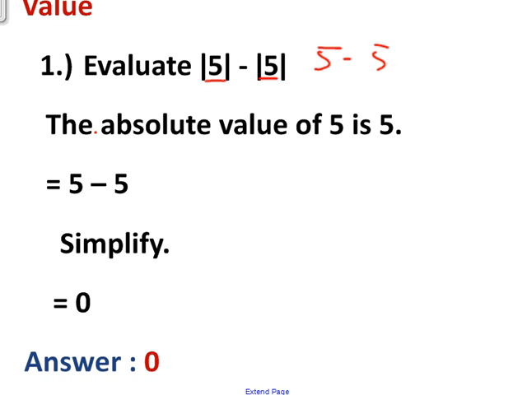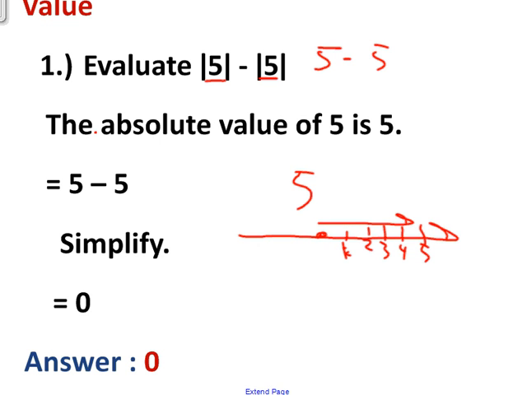A little bit more about absolute value. When I say the absolute value of the number 5, it is the distance the number is from 0 on the number line. So 1, 2, 3, 4, and 5. So the number 5 is 5 units from 0, and so the absolute value of 5 is 5.